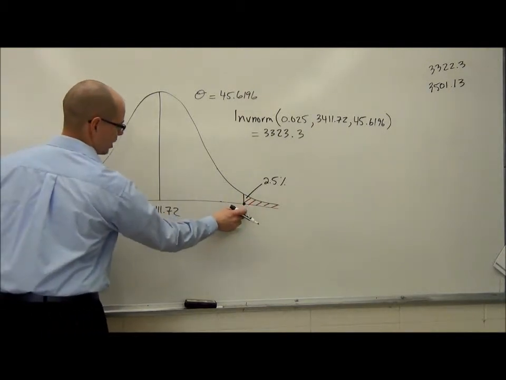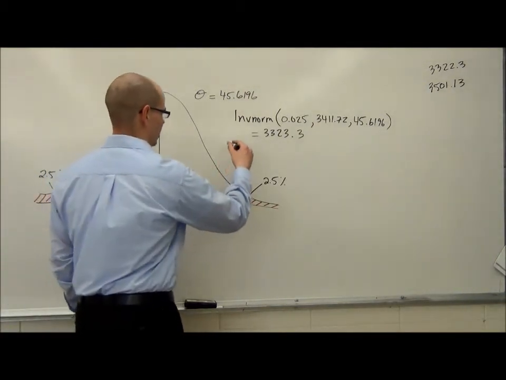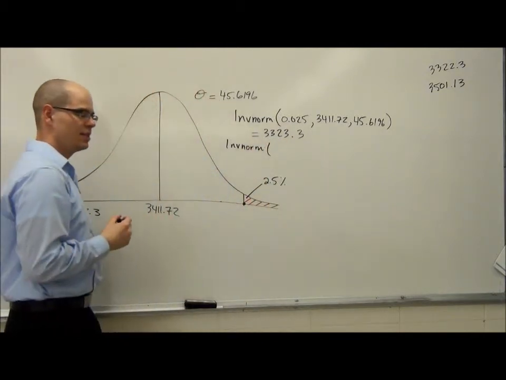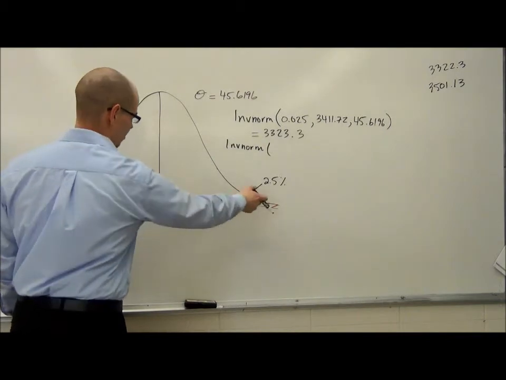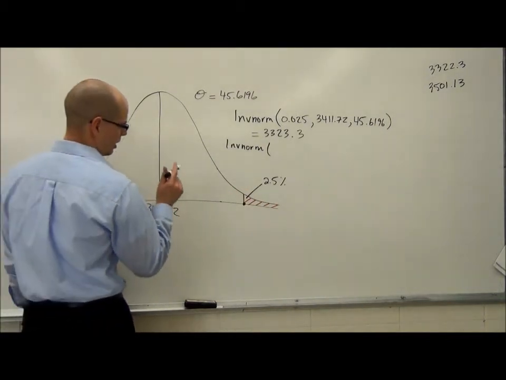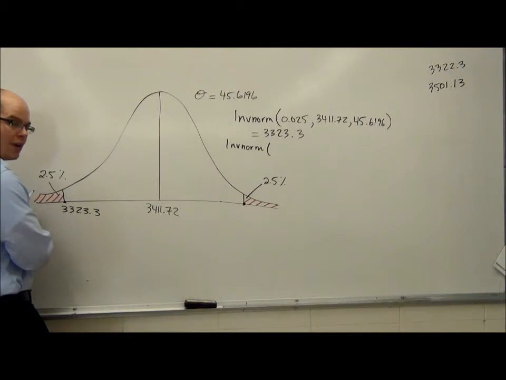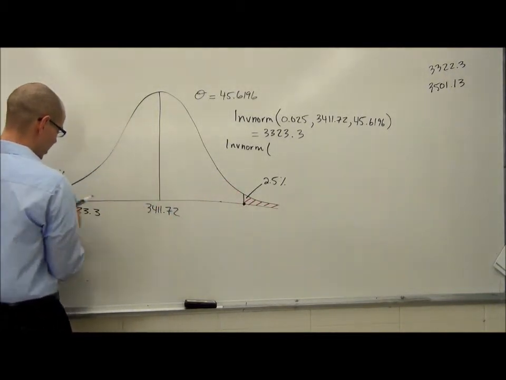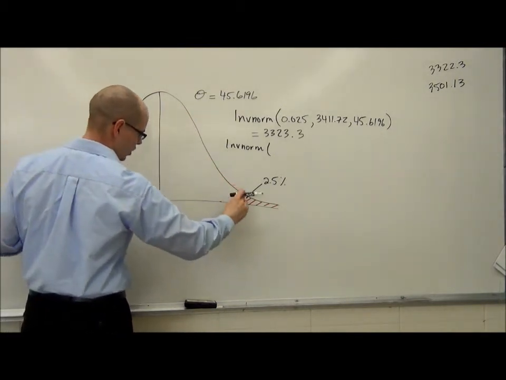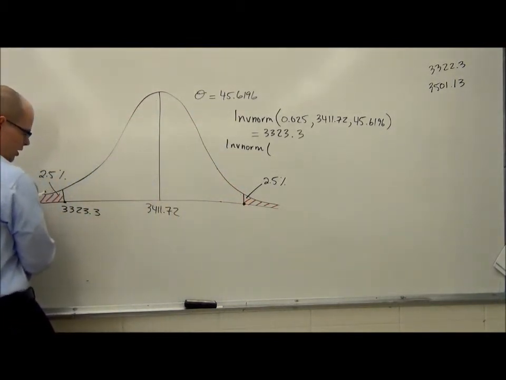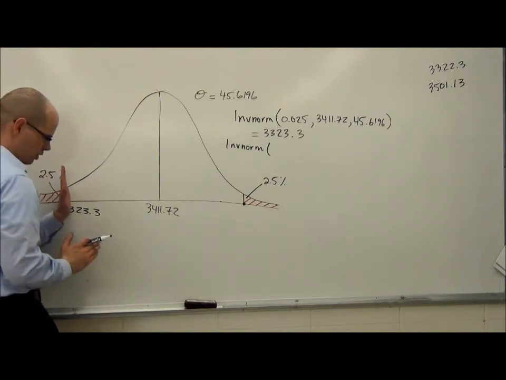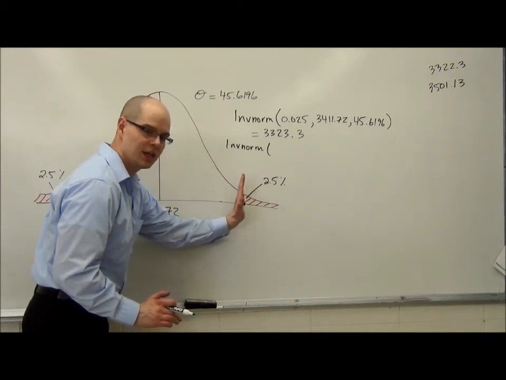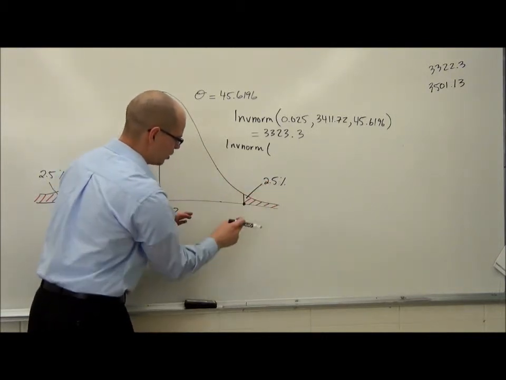I need the right one as well, so I have to do invNorm again. The nice thing about confidence interval problems is it's always set up the same with the areas. And because invNorm starts on the far left, always, the calculator starts on the left and goes all the way to the right, you need to give the calculator this whole area and have it stop right there. So the actual area under the curve, starting at the far left, going across, and stopping right there, is everything but this 2.5%.